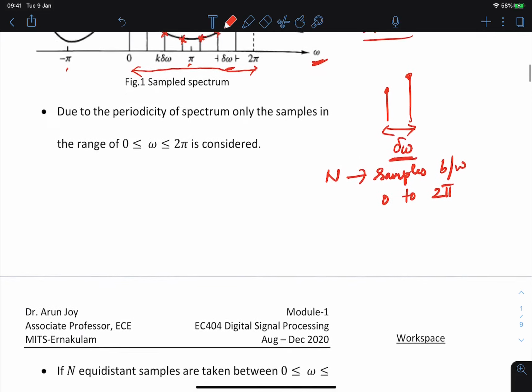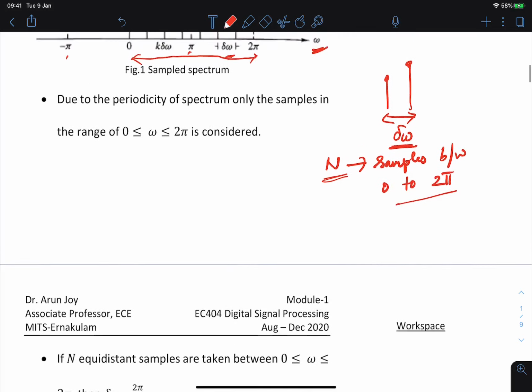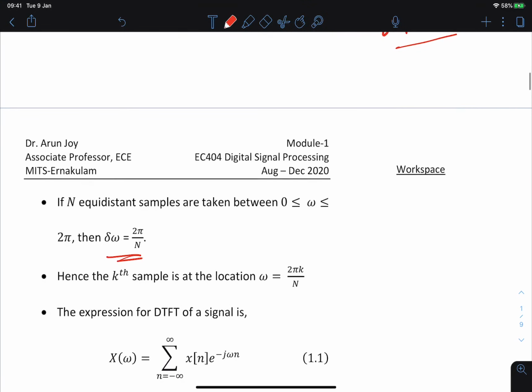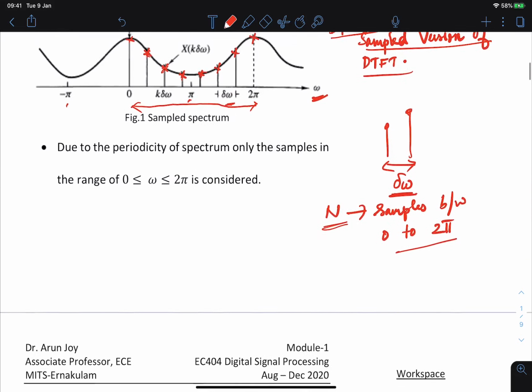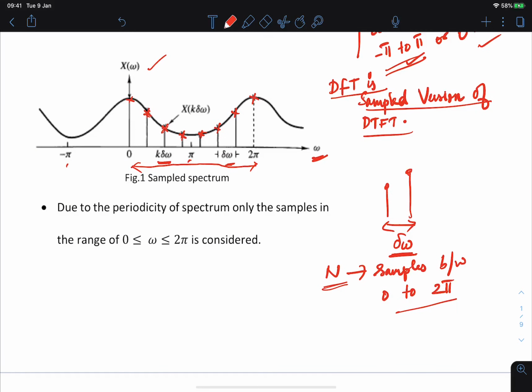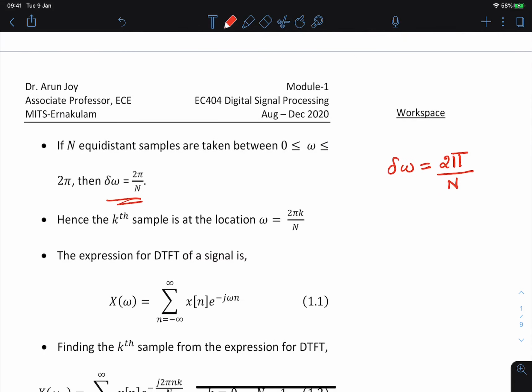So what will delta omega be? If we have N samples between 0 to 2 pi, the total range is 2 pi, out of which we are taking N samples, so delta omega is equal to 2 pi by N. Similarly, the kth sample will be k times delta omega, or 2 pi by N into k.